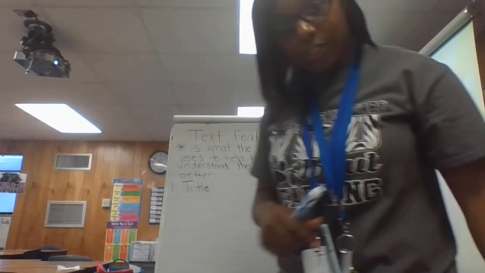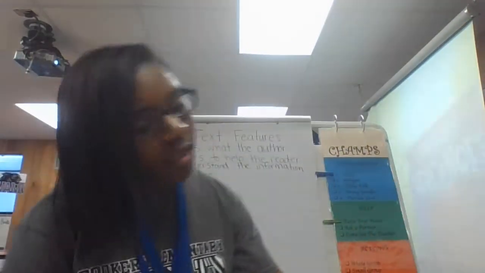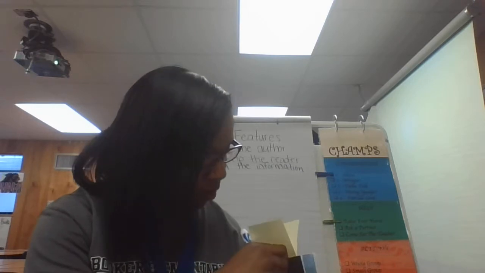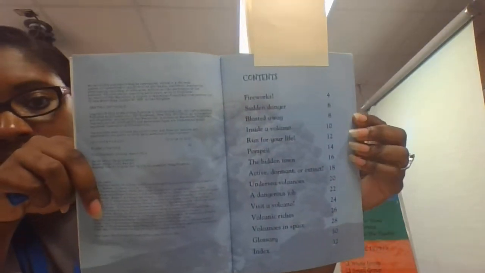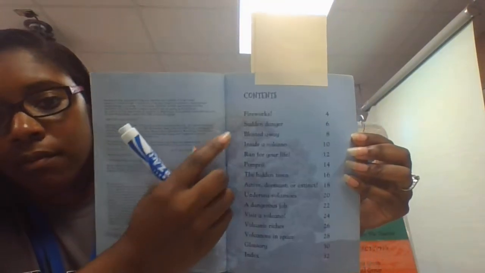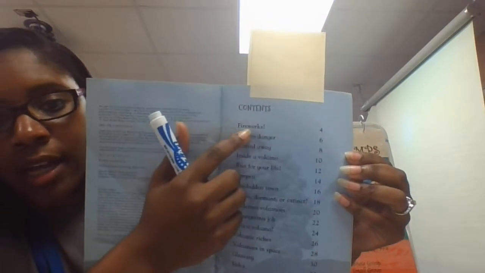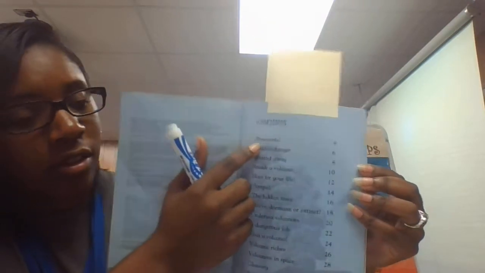The second text feature that I want to show us is something called the table of contents. Now I know you've heard this word before, but I want to show you an example. This is called a table of contents. And as you can see, on page 4, you'll find the section titled Fireworks.